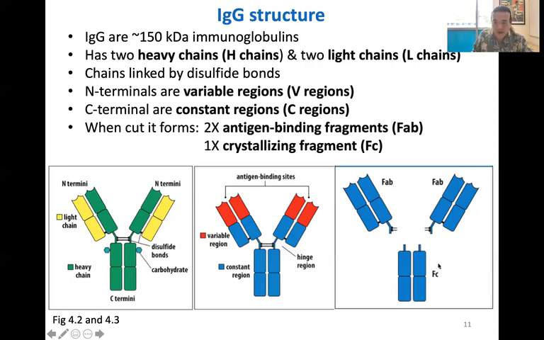And you have this fragment down here that would crystallize very easily, so they called it the FC region. That's what we can also think of as the stem region. So there are different ways of thinking about these different parts, depending upon where you're reading about it. They may refer to them with these different terms.